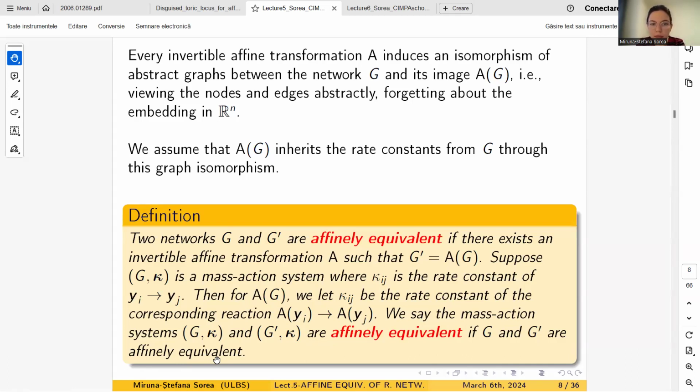Excuse me, Miruna. Can't we say that if the two graphs are isomorphic to each other, then they are affinely equivalent? Or is isomorphism of the graph too much, or are you taking into account some distances or isometry between the graphs?